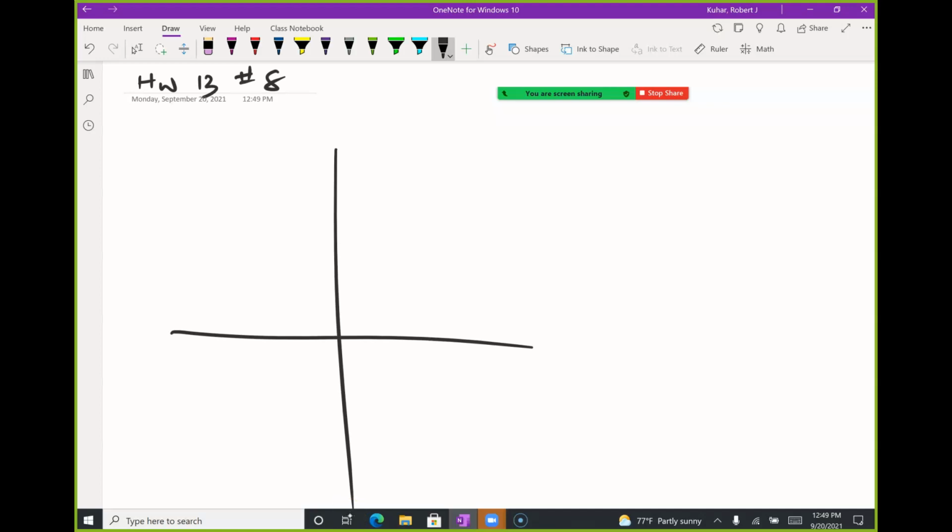And whenever I give you functions, it's a good idea to graph them. So the first function I have is 5x minus 2. And the second function is negative 4x plus 7.